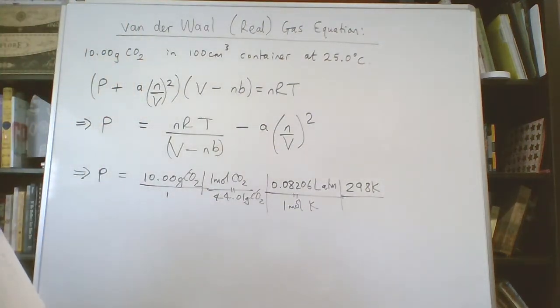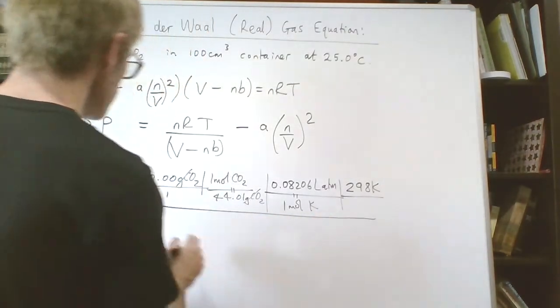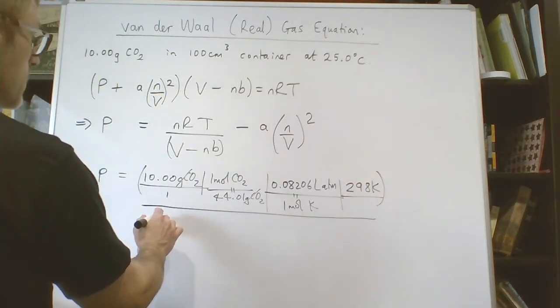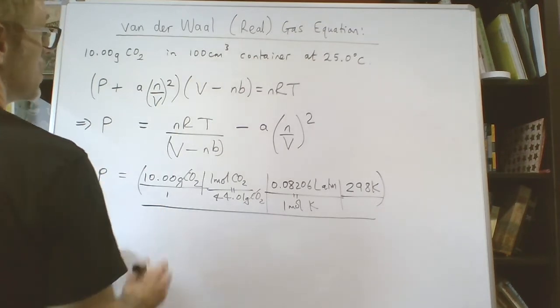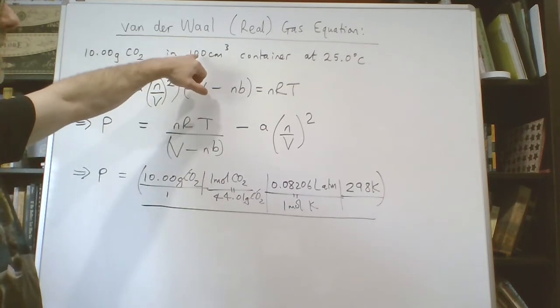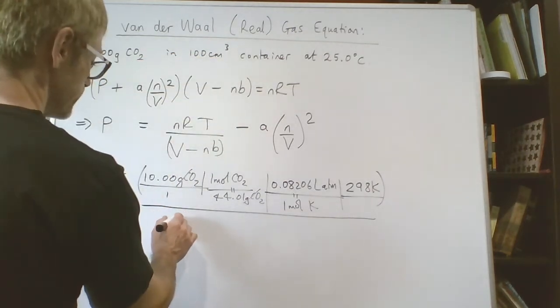My denominator, recall, was, what was this value? Well, just to save me a little bit of room, it's essentially 100 milliliter, so it's 0.1 liter.